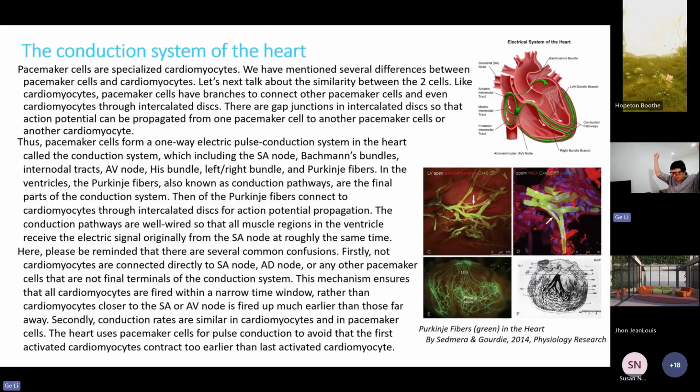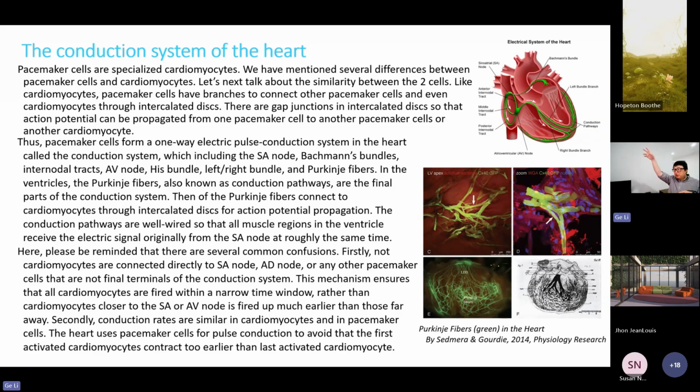But overall, just imagine a big tree with two roots, and each root has one big trunk. One is the SA node and one is the AV node. And the SA node sends out fibers to all of the cardiomyocytes in the atrium.